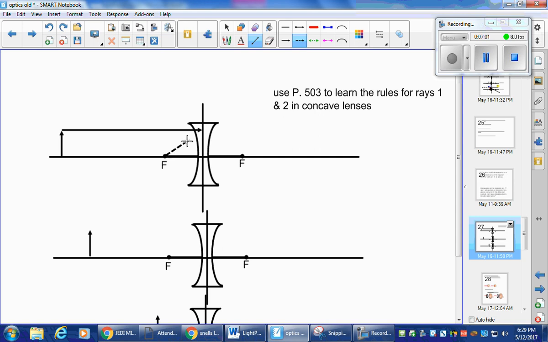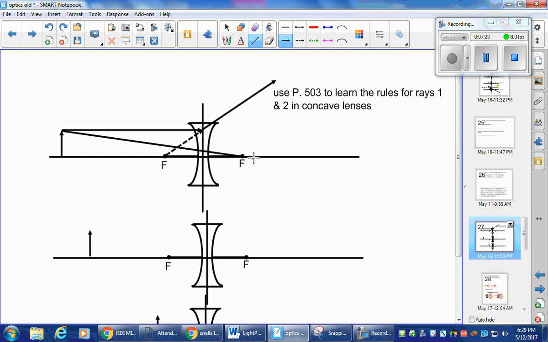So you see how it meets the center right here, and then it's going to continue to diverge that way. Notice I kept the angle the same, so it diverged up like that. Now the second ray is going to make a mad dash straight for this focal point over here. You see how it's trying to hit this focal point?